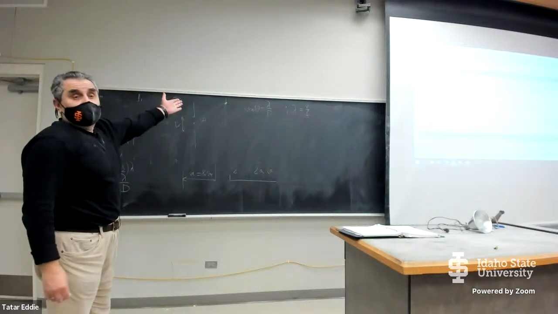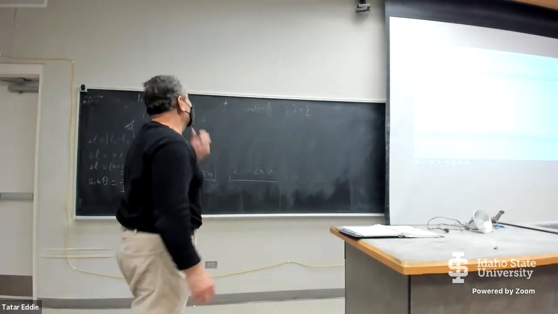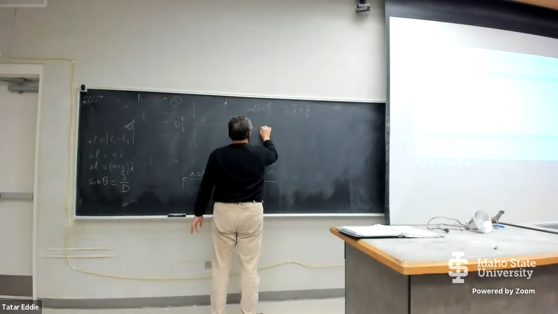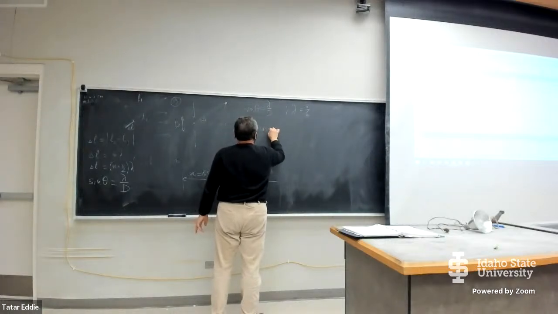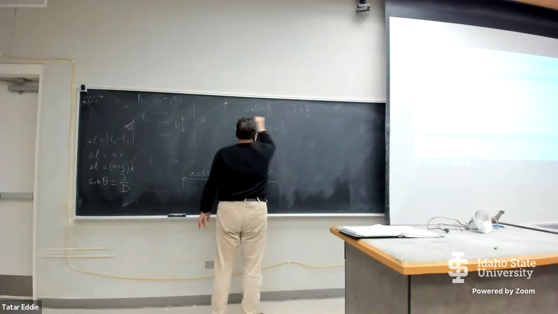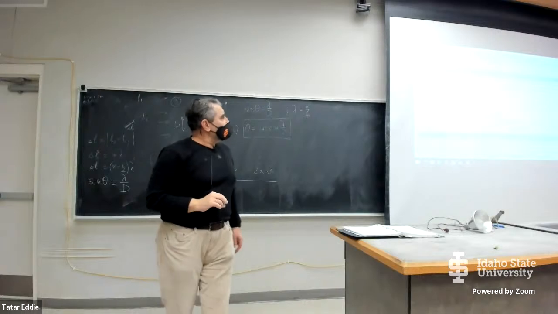They're asking for the value of the angle theta in degrees. So make sure that your calculator is in degrees, and the angle theta is the inverse sine of lambda divided by d. So this is part A of the problem.